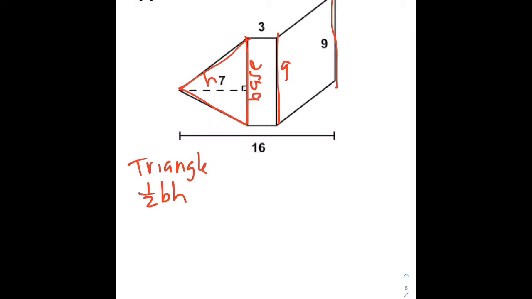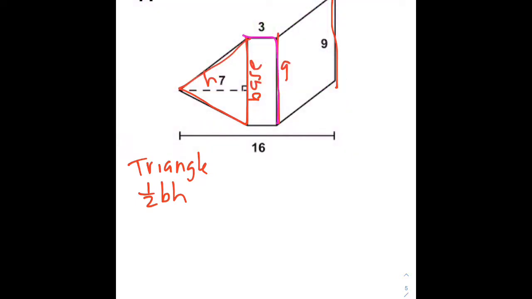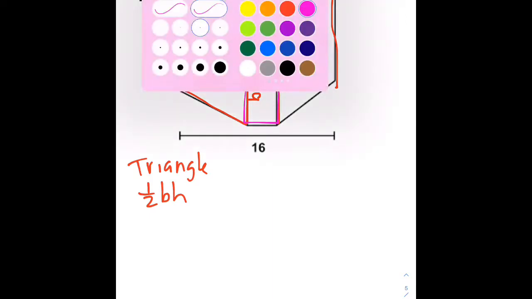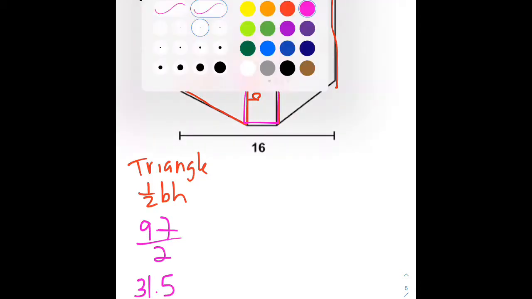And then the middle piece is a rectangle, so opposite sides are congruent, that would make the base 9 in this triangle, the height 7, and we divide by 2. So that's going to be 63 divided by 2, and that gives us 31.5 for the area of the triangle.